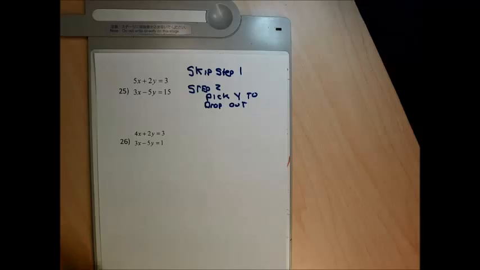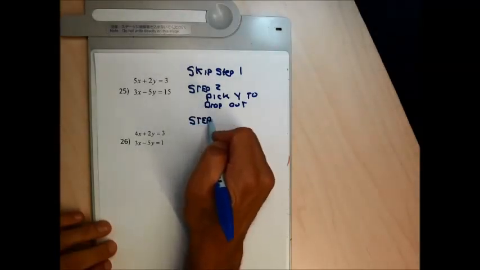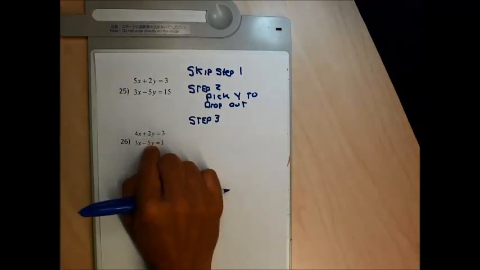It makes it easier. Step 3, I have to figure out what number I can get in front of these y's. And I can't easily turn a 2 into a 5, but 10's a multiple of 2 and 10's a multiple of 5.